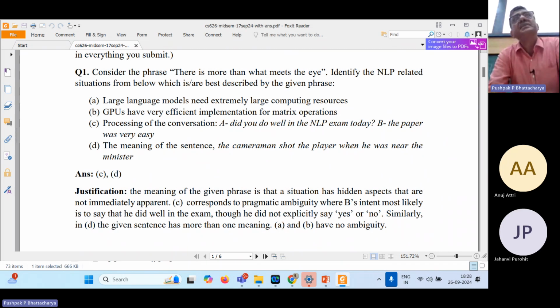Large language models are used for various things, not only prompting, for fine tuning, for adaptation, many things. So your point is that large language models need extremely large computing resources, something hidden behind it.